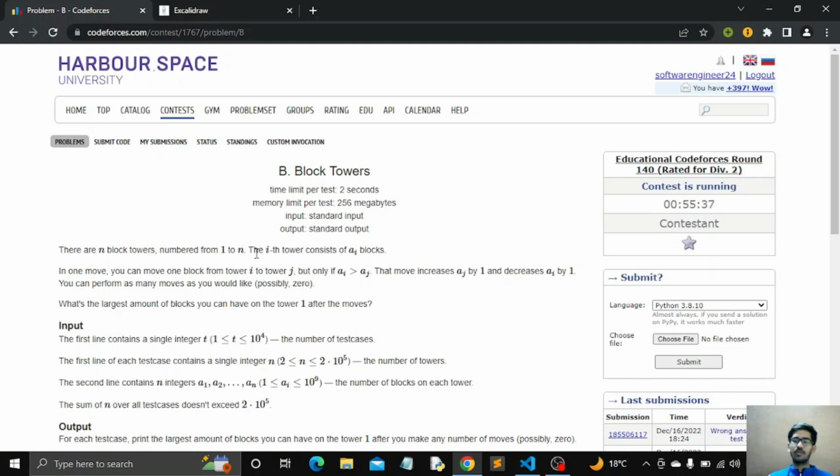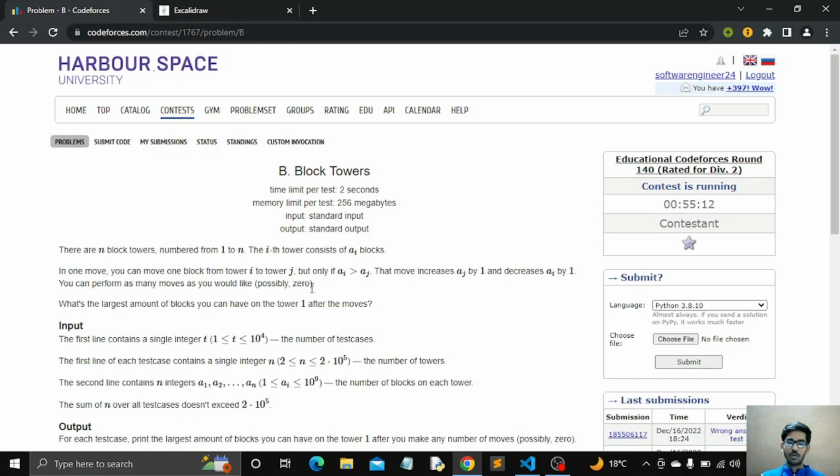We can assume that each block is of height 1 unit. In one move we can move one block from tower i to tower j only if the height of tower i is strictly greater than the height of tower j.